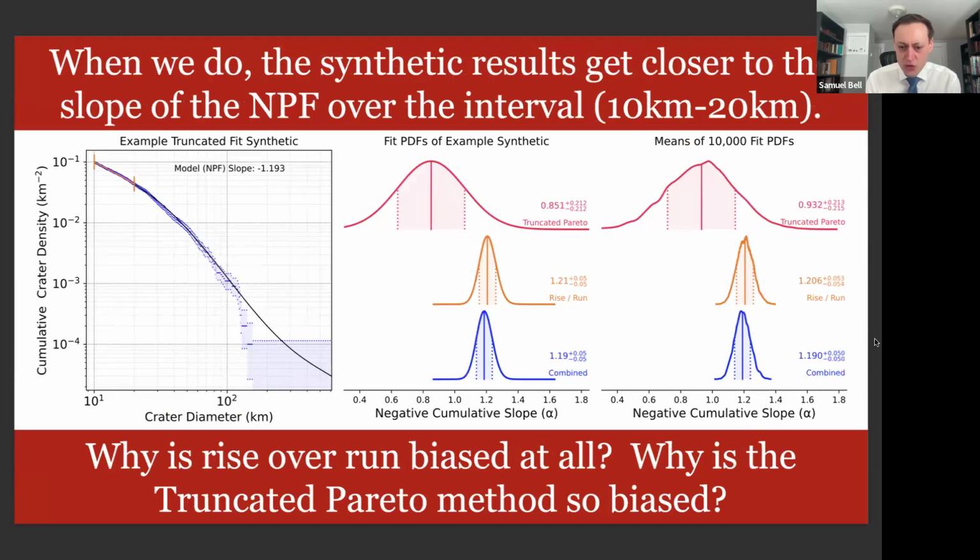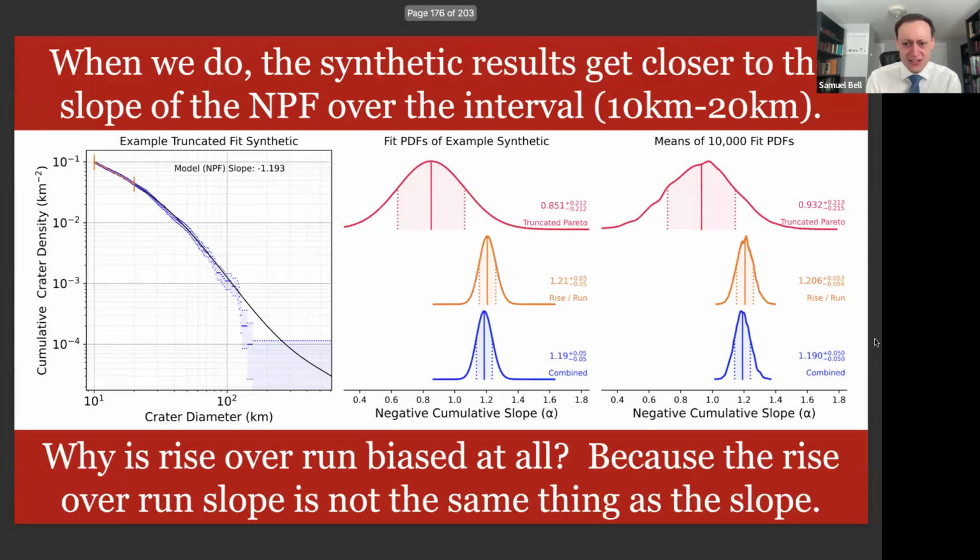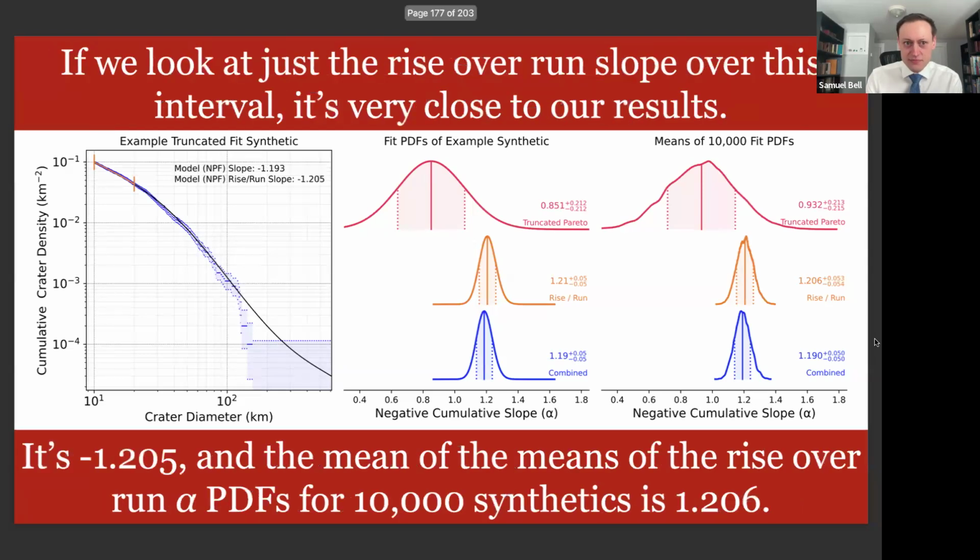And why is rise over run biased at all? Why is the truncated Pareto method so biased? Because the rise over run slope is not the same thing as the slope. If we look at just the rise over run slope over this interval, it's very close to our results.